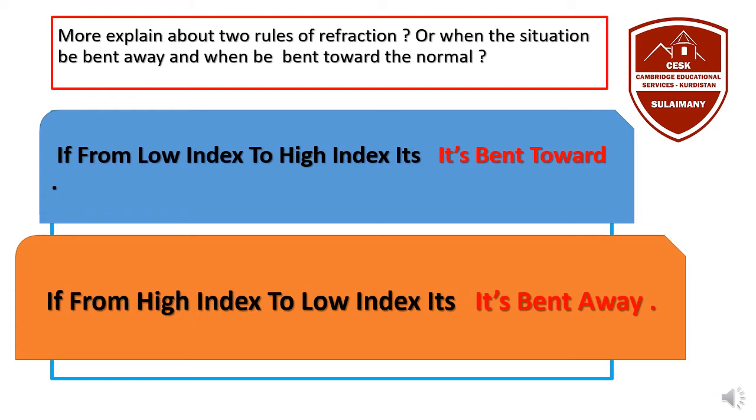So this is bent toward. Again, for example, the incident ray makes 30 degrees with the normal.